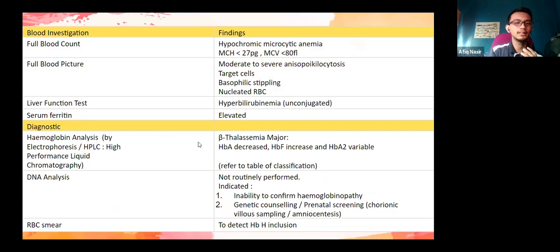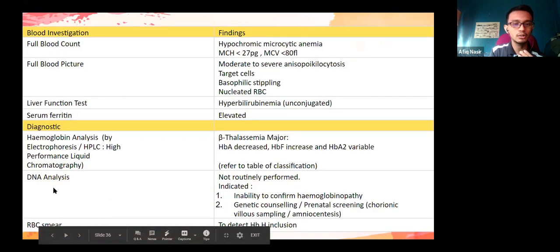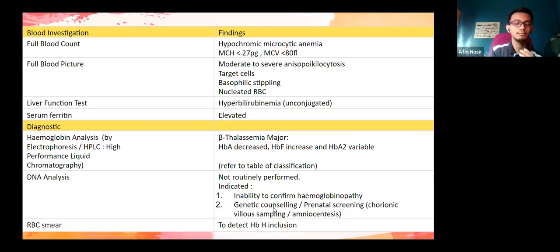These are the other investigations that we do. Liver function test shows hyperbilirubinemia because of the hemolysis. Also, DNA analysis is done to confirm, during genetic counseling and screening, before marriage, to detect whether the couple is a carrier of thalassemia or not.